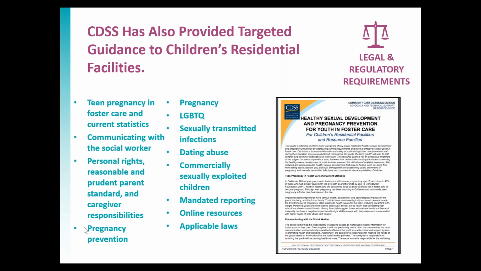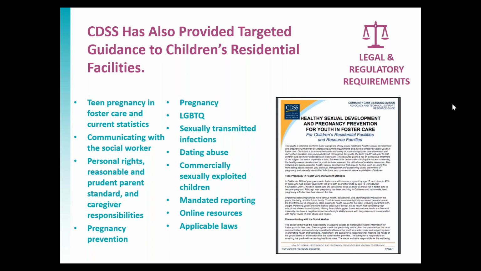Because these rules are so new and sometimes feel, and in fact may be, contradictory to what prior practice was, California Department of Social Services has issued a number of different guidances. One example is called the Healthy Sexual Development and Pregnancy Prevention for Youth in Foster Care for Children's Residential Facilities and Resource Families.